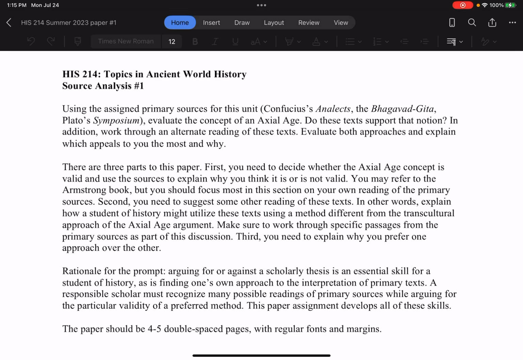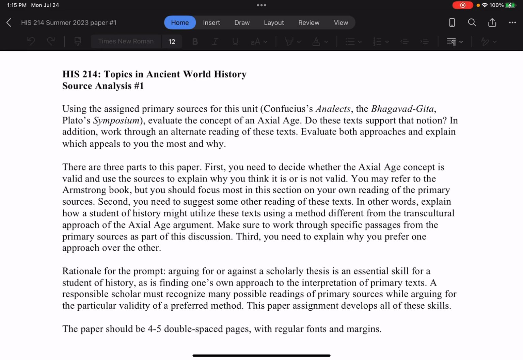And really this is about your opinion, but you need to back up your opinion with solid evidence. Make sure that you're working through specific passages. That's what it says here in the prompt, right? Make sure you work through specific passages from the primary sources as part of your discussion. And then you need to explain clearly why you prefer one over the other, why you think that this approach that you have chosen is optimal, or is the Axial Age one the most compelling, and why?